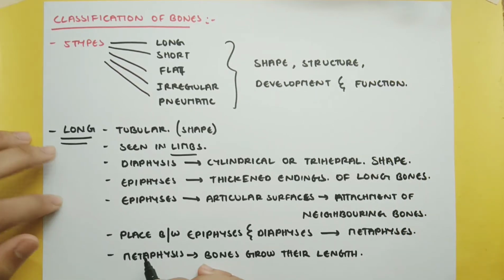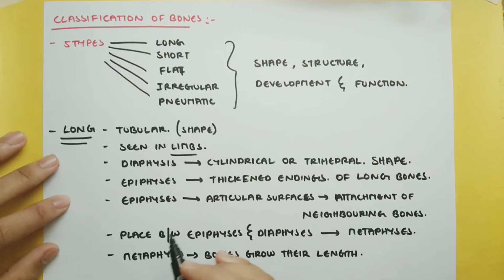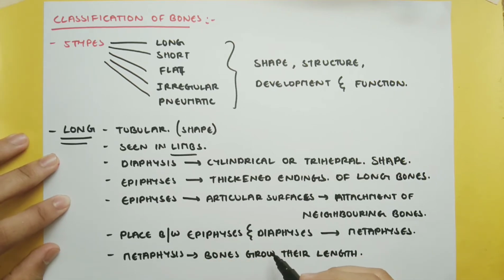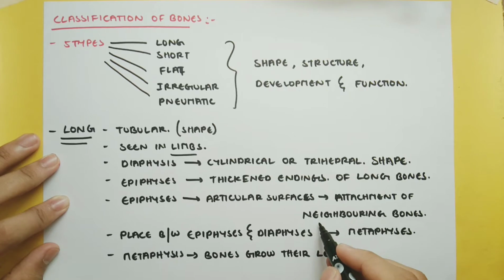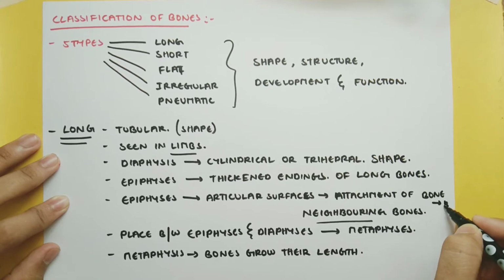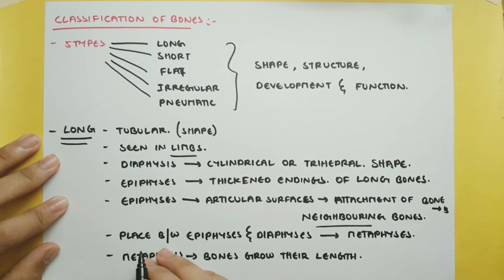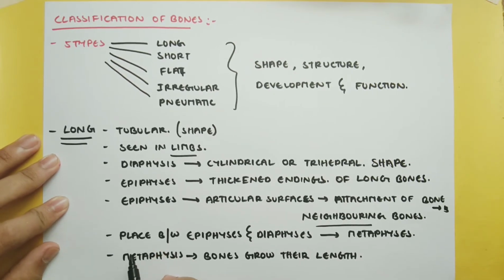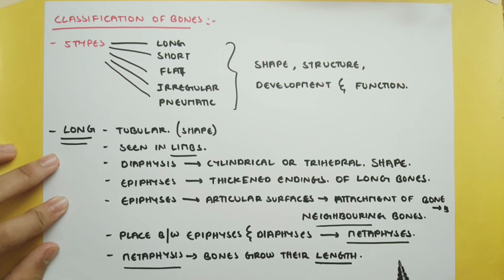The epiphysis contains the articular surfaces for the attachment of neighboring bones, bone to bone. The place in between the epiphysis and diaphysis is called the metaphysis. The metaphysis is the region where the bones grow in length.